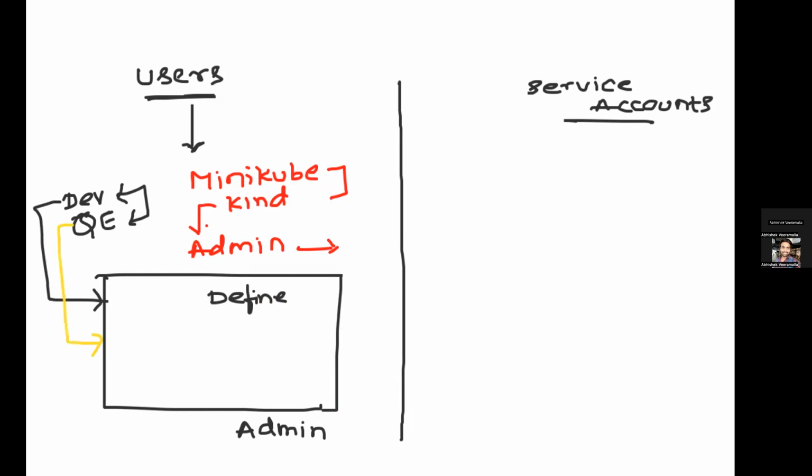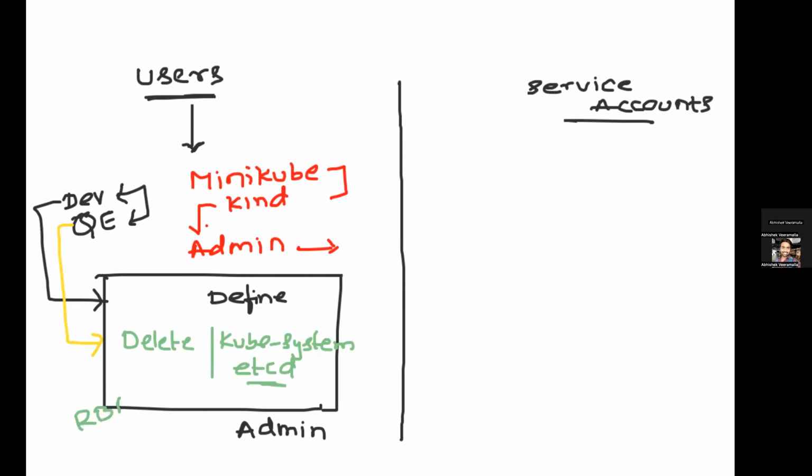It's not that any QE engineer can come to this Kubernetes cluster and delete resources in, let's say, the kube-system namespace, or delete something related to etcd. These things can become very bad, because if someone deletes something related to etcd, it becomes very difficult for your administrator or DevOps team to get back the original state of these things. So effectively, you can solve this problem by defining RBAC.